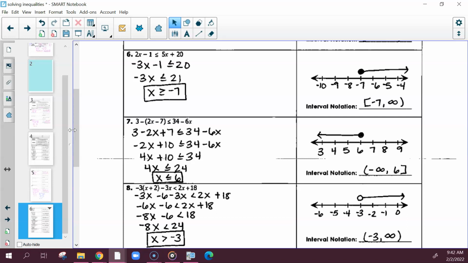Are they supposed to both be brackets? No. Anytime you go to infinity or negative infinity, that's always a parenthesis. For 7, x is less than or equal to 6. So that was a closed circle to the left. So negative infinity to 6 with a square bracket around 6.